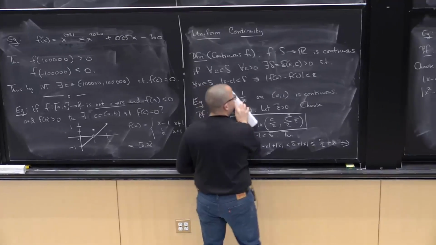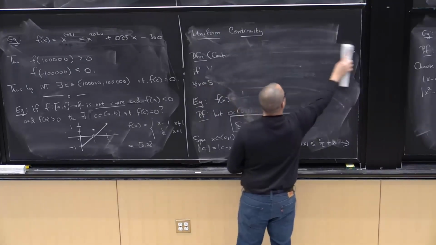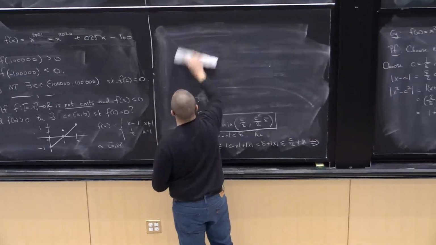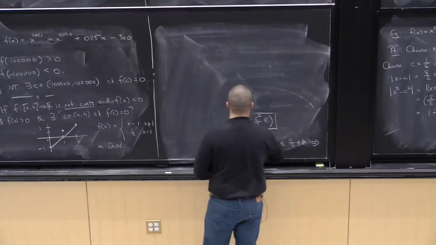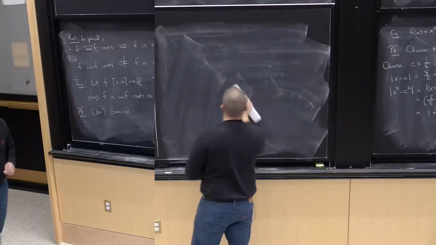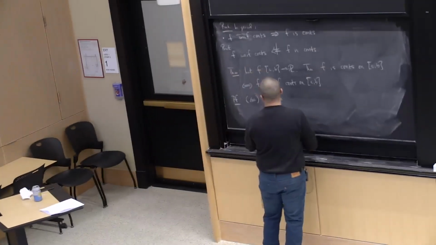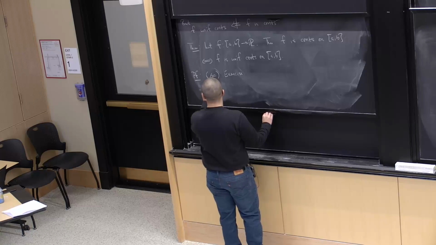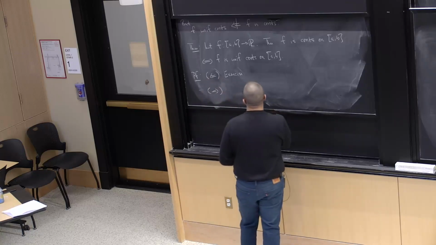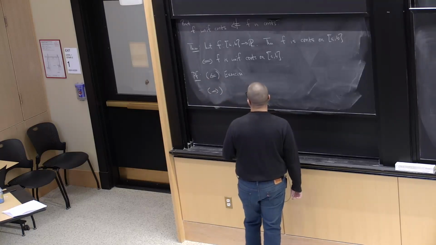We still have the negation of the definition of uniform continuity, and that's what we'll need. So we're going to prove f continuous implies uniformly continuous, and we're going to do this by contradiction.